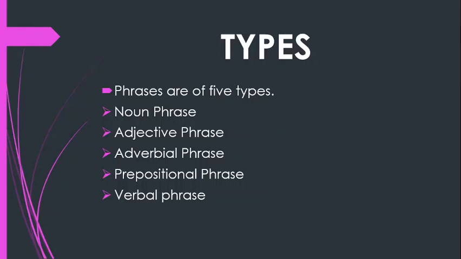Phrases are really easy, not so difficult to understand. The names, noun phrase, adjective phrase, adverbial phrase, and even prepositional or verbal phrase, are all self-explanatory. You can easily understand what their role is in a sentence just by the name.